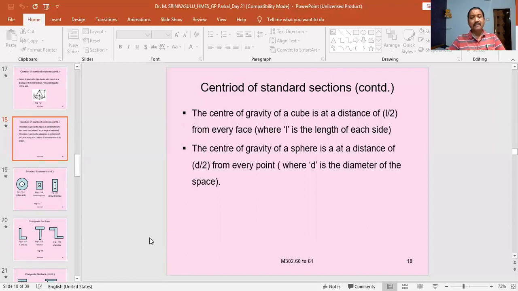So always the CG of the sphere will act at a distance of d by 2. That is nothing but the radius, where d is the diameter of the sphere.